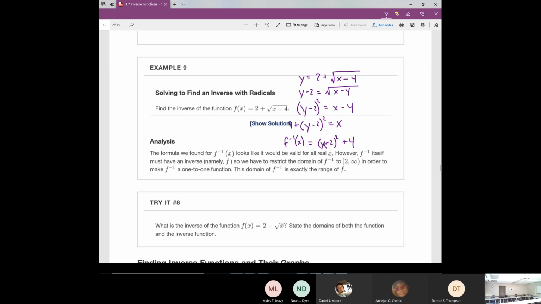Taking x as my input, f inverse of x is this, if the original f of x is this. See how I solve for x? Then I say, okay, I'm going to call this my input into the function, and that's the function I can call f inverse.